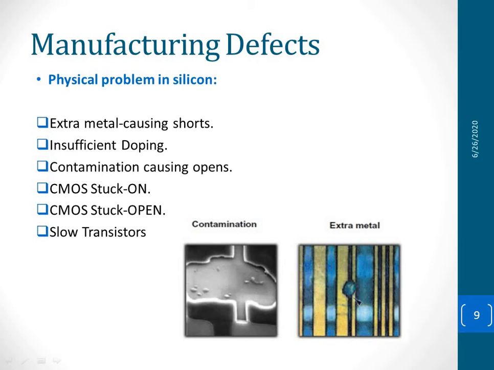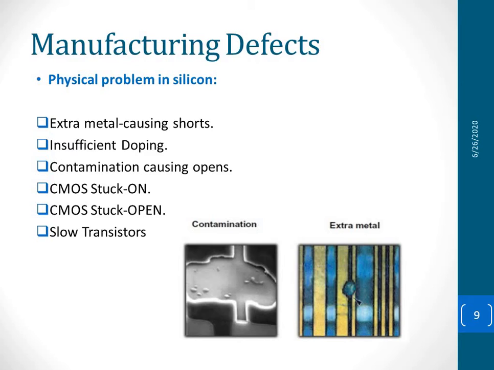And insufficient doping. Doping is one more parameter for semiconductor materials. So insufficient doping and contamination can cause opens. In place of a short, it can happen that it is open also. And CMOS stuck on or CMOS stuck open. Stuck on is stuck short.